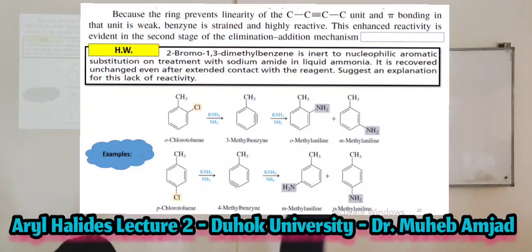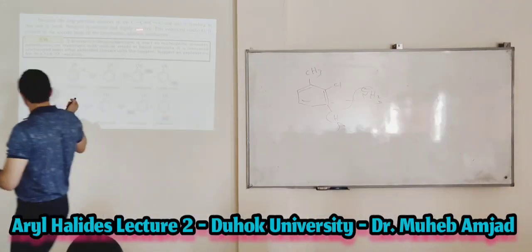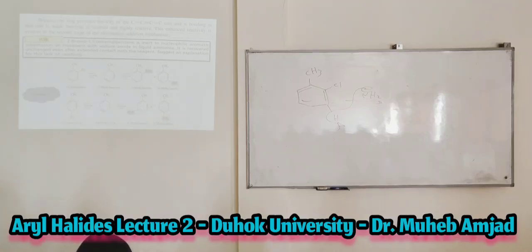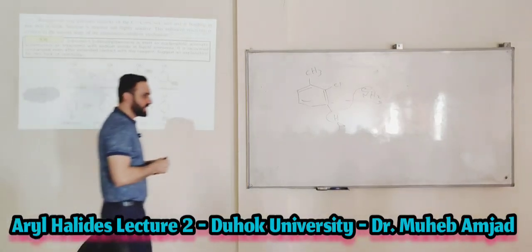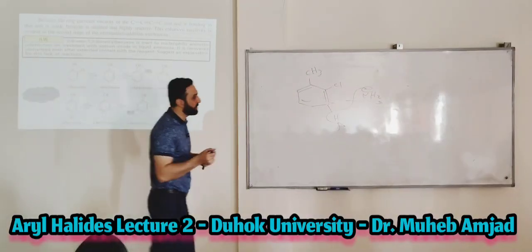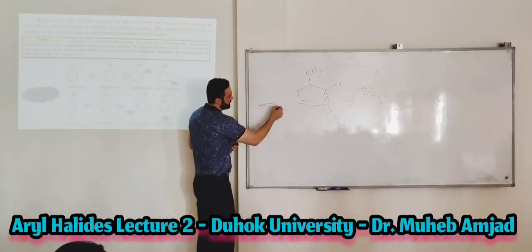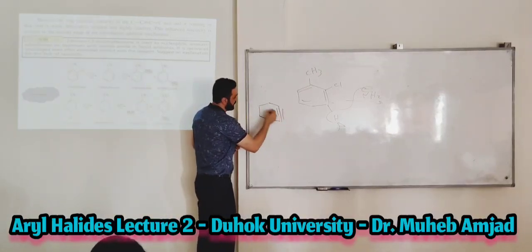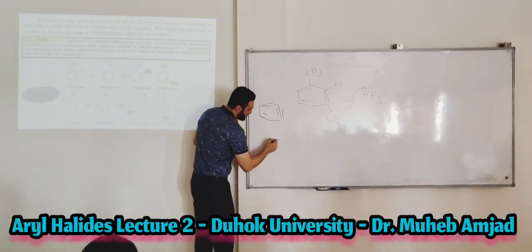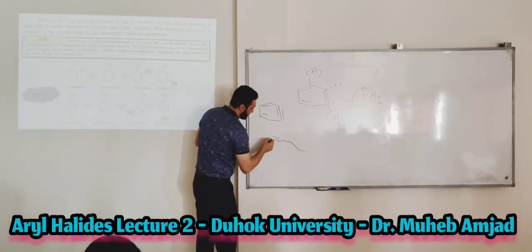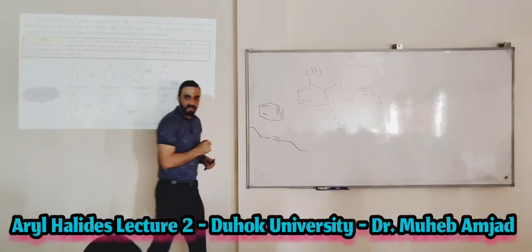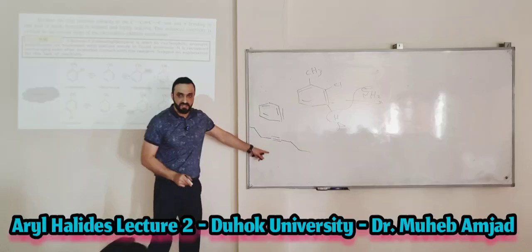Now, why is the benzyne an active intermediate, not like the alkyne? If you compare the benzyne with the alkyne, which is the more reactive one, this or this?